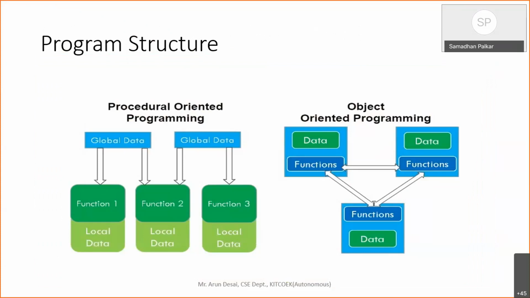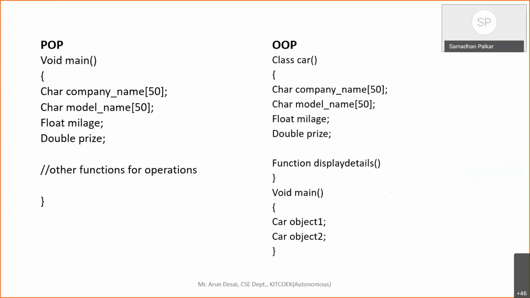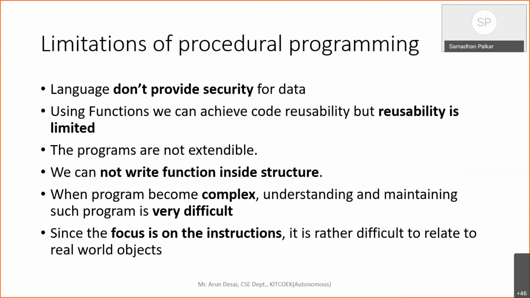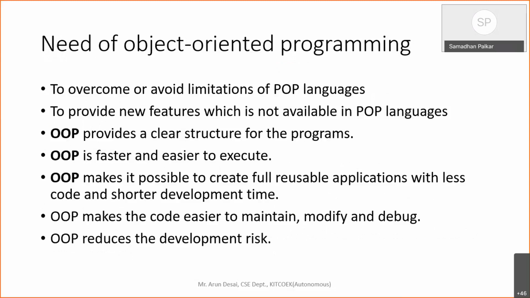We saw how a program is treated in procedural programming and how it is treated in object-oriented programming, what functions are there, and how data is combined with those functions. Then we saw how programs and functions are written in those languages, and those were just an overview. Then we saw the limitations of the previous approach, that is the procedural approach, and the need for what you are learning about, that is object-oriented programming. Till now we covered this in the last lecture.